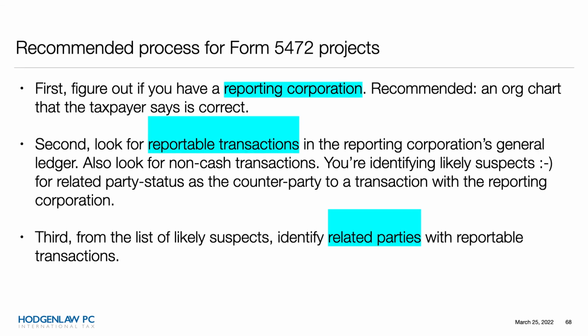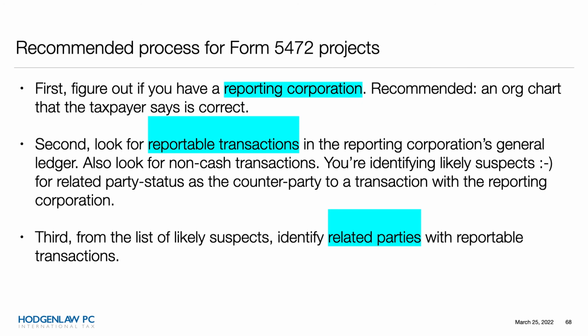and we conclude with, again, my restatement of the recommendation. First, you start off figuring out if you have a reporting corporation, because that's the easy knockout. If you decide you don't have a reporting corporation, for instance, because you can't identify a 25% foreign shareholder, you're done. The next easiest knockout punch is looking at the reportable transactions and just identifying likely suspects.